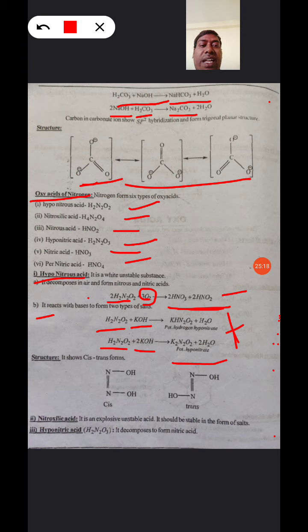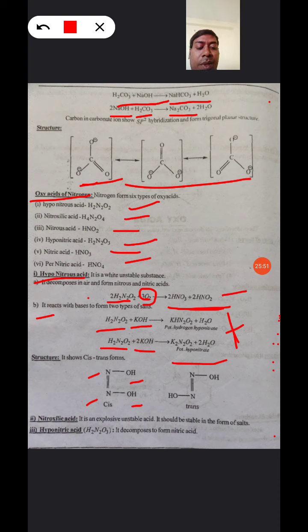So the next one, structure of hyponitrous acid. Generally hyponitrous acid shows cis and trans forms. Here N2 and OH: 2 nitrogens, 2 oxygens and 2 hydrogens.